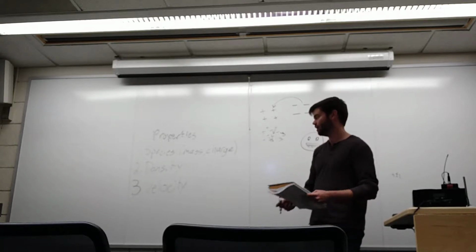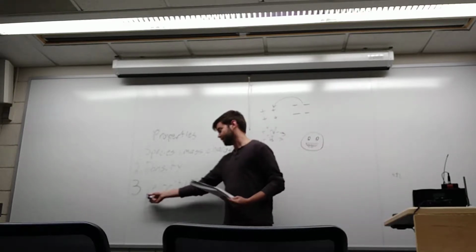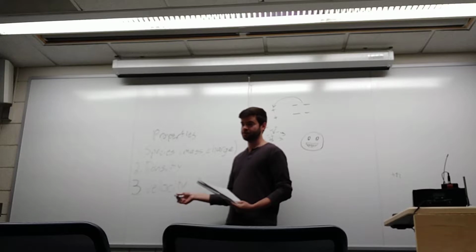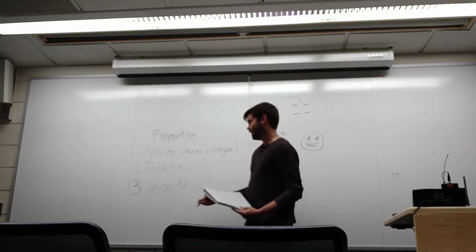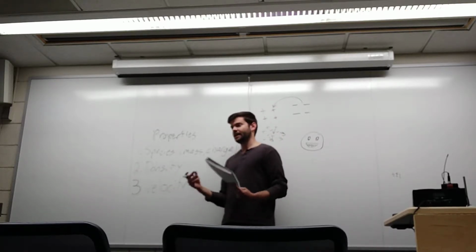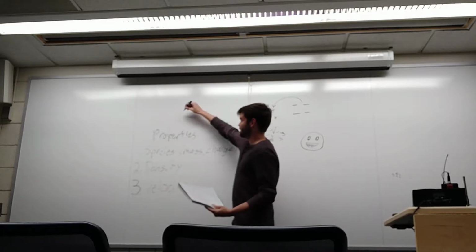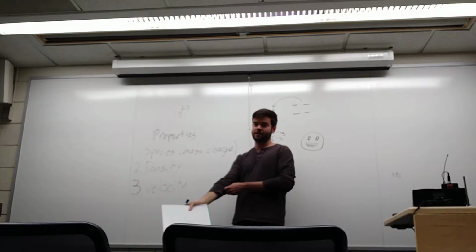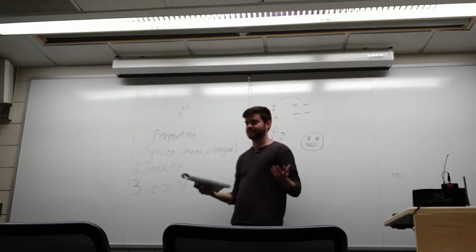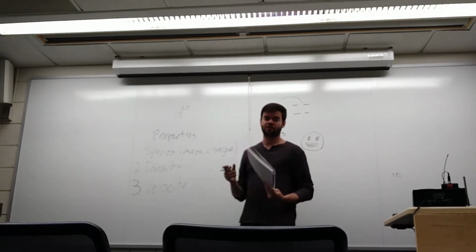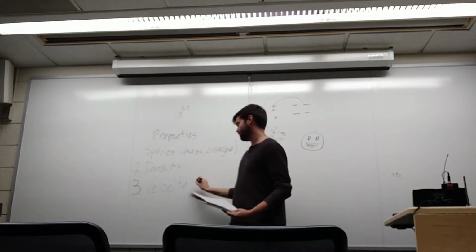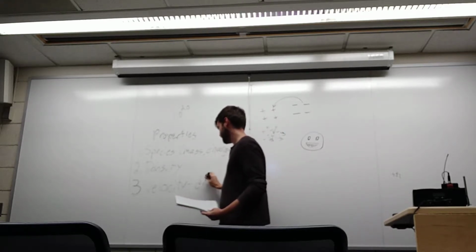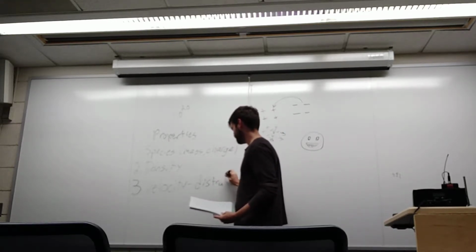Either way, there's a velocity associated with all the particles in the plasma. But that's really complicated, right? How are you going to keep track of 10 to the 20 velocities of each particle every second? It's impossible. So generally what we do is try to simplify things and give it a velocity distribution.